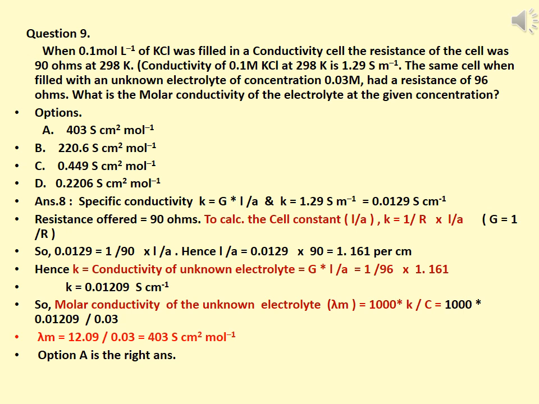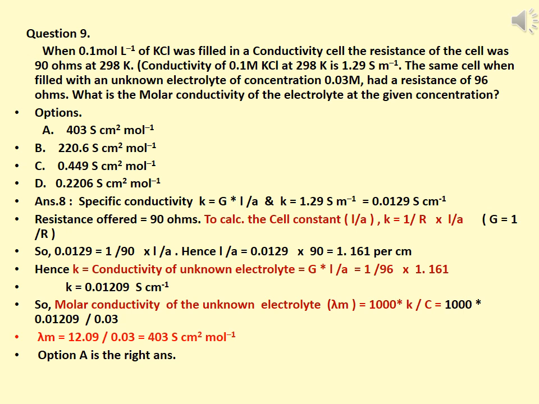So we get kappa 0.0129 is equal to 1 by 90 into L by A, where L by A is the cell constant. Therefore, L by A is equal to 0.0129 into 90, which is equal to 1.161 per centimeter, the unit for cell constant being per centimeter.